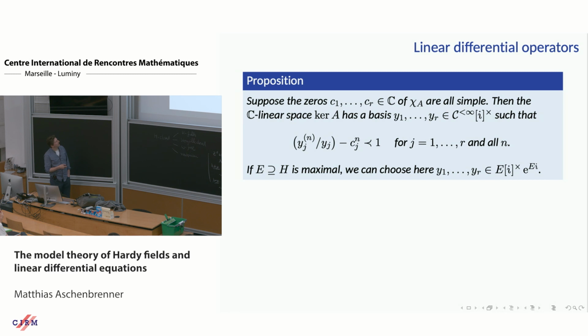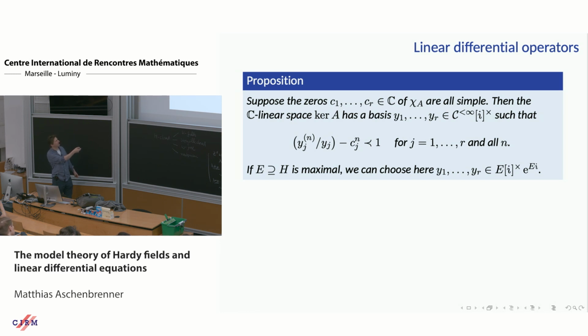Another example of the same kind. Let's assume that the zeros of this characteristic polynomial are actually all simple zeros. So then there's a classical statement, I'll say a little bit about that, that this C-linear space of solutions has a basis consisting of units, so the y1 up to yn are units in this ring, such that, if you take this for n equals 1, for example, this says that the logarithmic derivative of yj goes to cj.